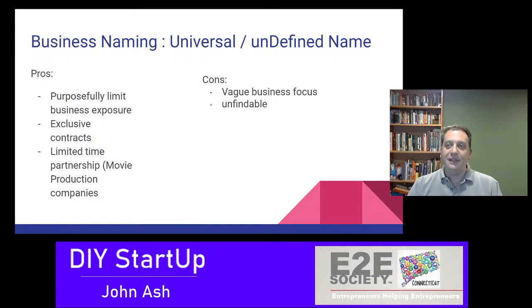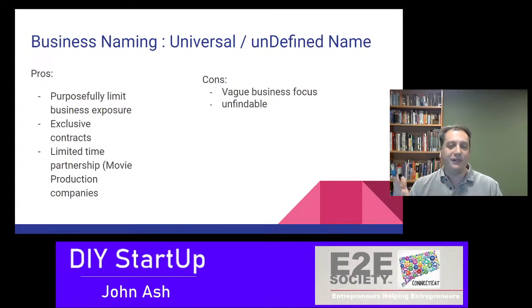It could limit your business exposure if you want to. Let's say you have some exclusive contracts. You're in manufacturing and you're making something exclusively for one company, like light bulbs under a very small, limited contract, and you want to reduce your business exposure a bit.